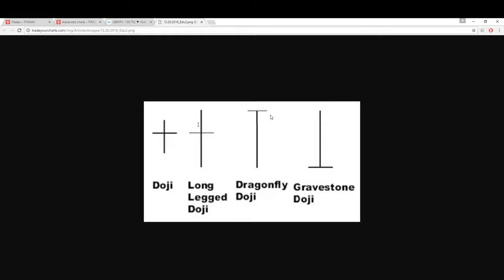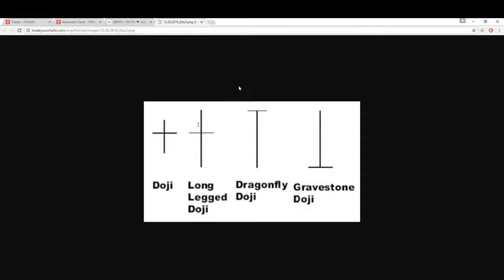This one shows us that the trend can change to an uptrend, a bullish trend. This one shows us that the trend can go down, a bearish trend.